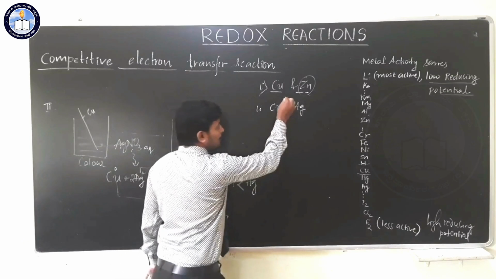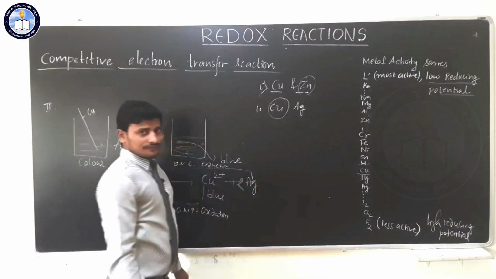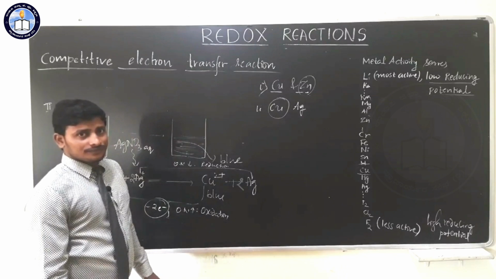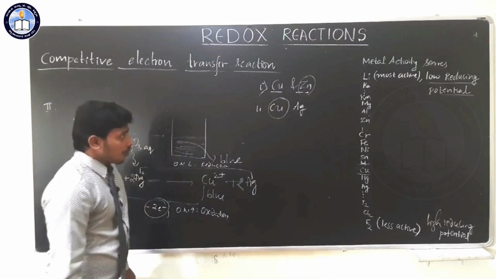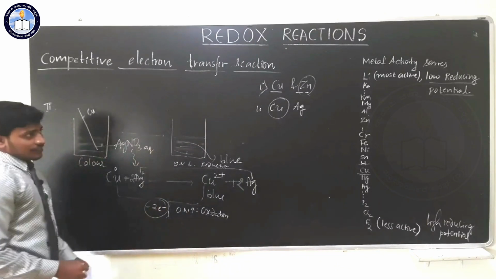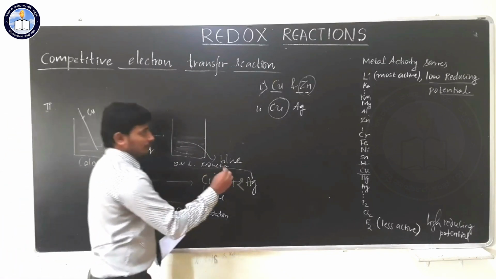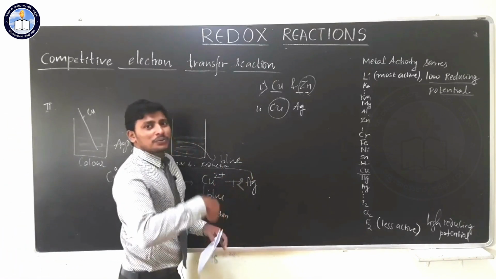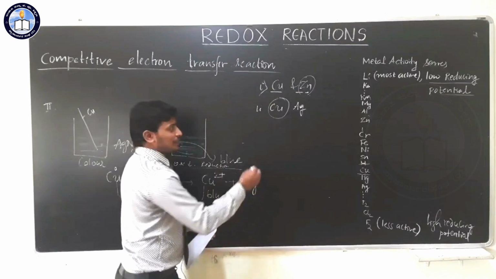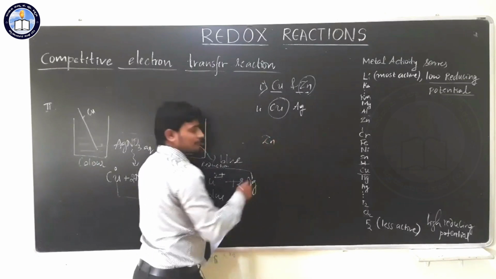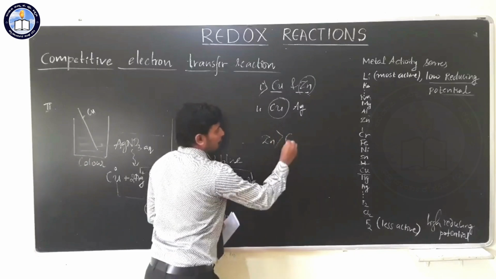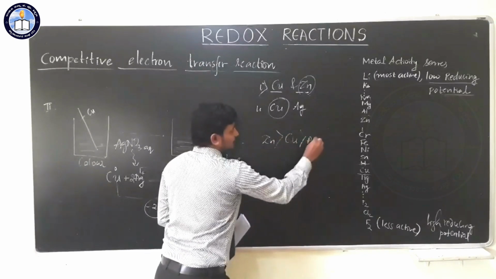In that competition, copper wins. So it is clear that the ability to give electrons is more for zinc than for copper, than for Ag.